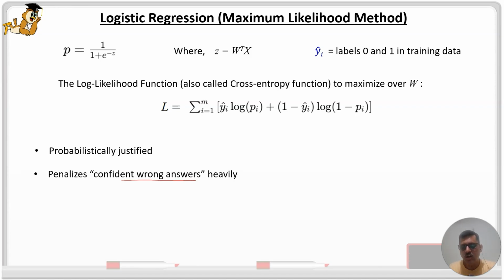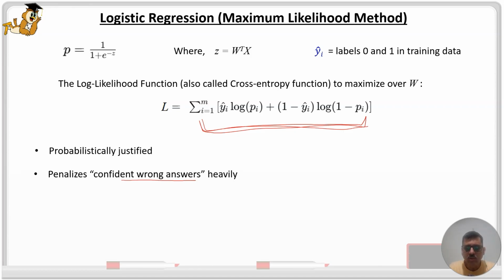That is your nightmare scenario. If it says that its confidence in its answer is low when it does a wrong classification, you could live with that. You could tweak things around. But you want to heavily penalize the wrong answers that are given with high confidence. And I want you to verify that that is indeed the case with the cross entropy function.